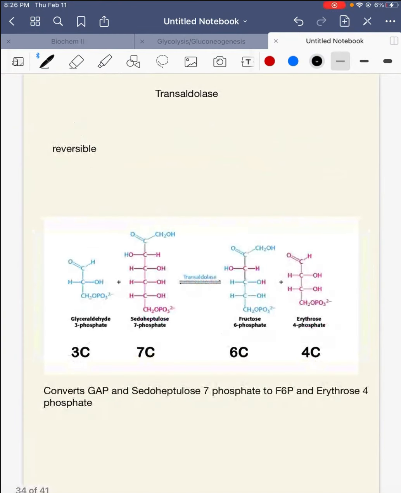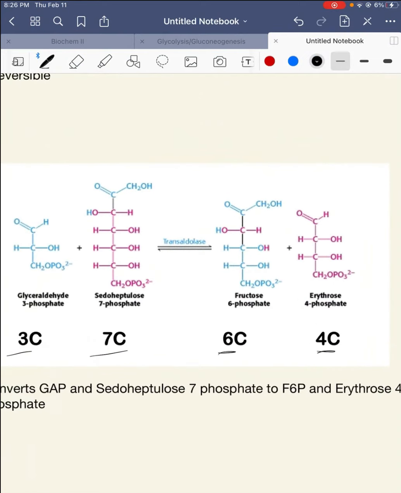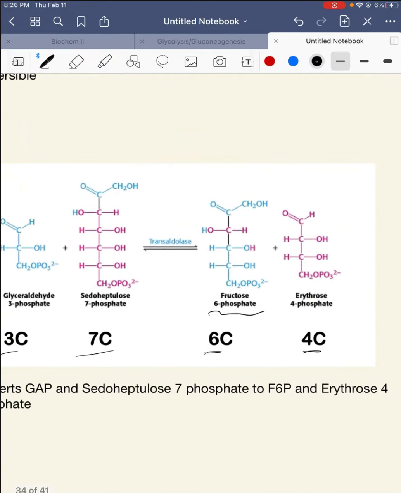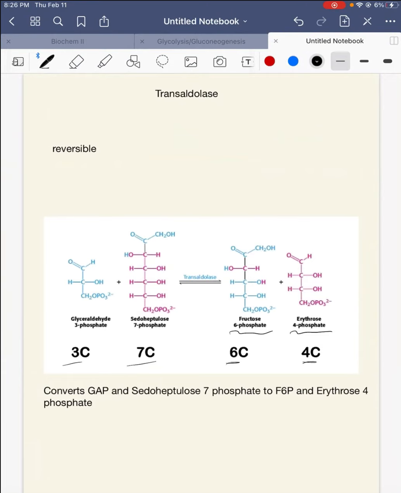Okay, so now we made our C3 and the 7 carbon unit, and then we convert those into a 6 carbon and a 4 carbon unit. Our 6 carbon is fructose 6-phosphate, and our 4 carbon is erythrose 4-phosphate. So this reaction is reversible, unlike the other one.